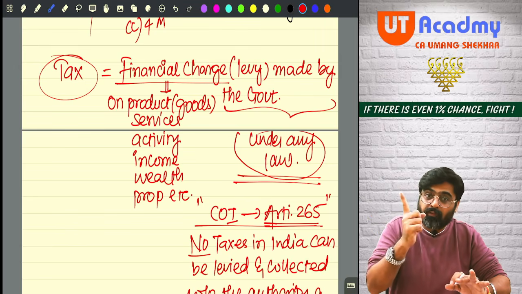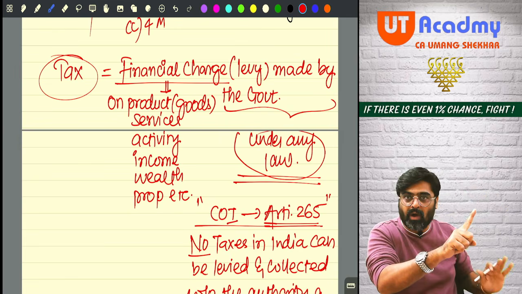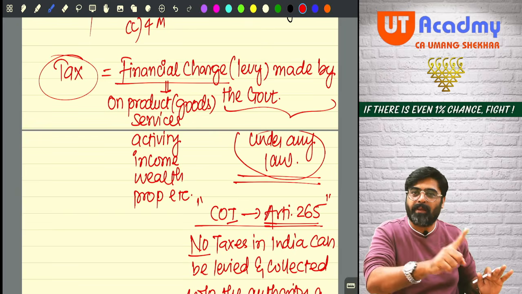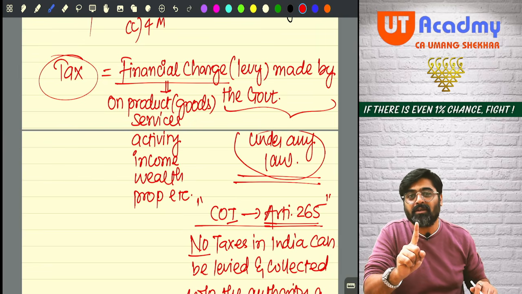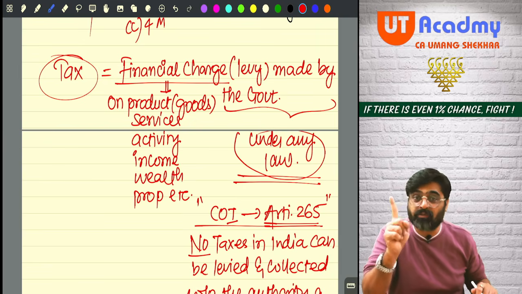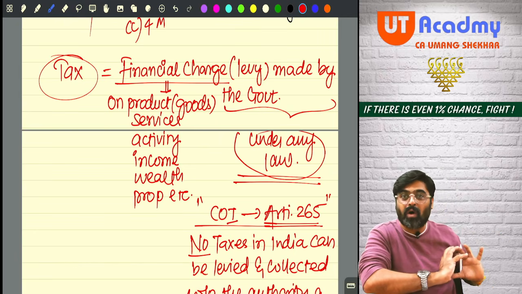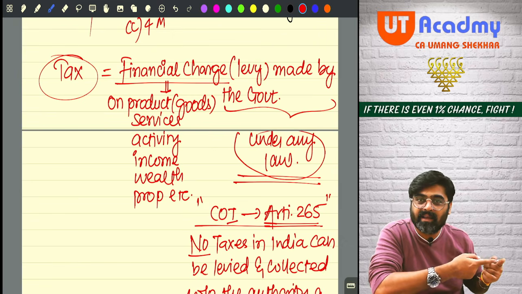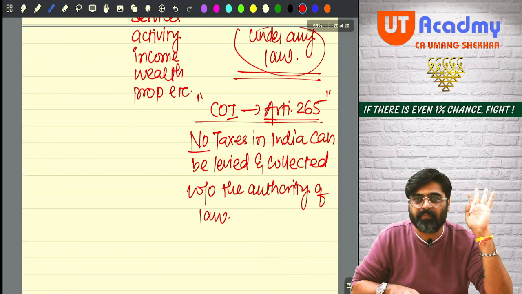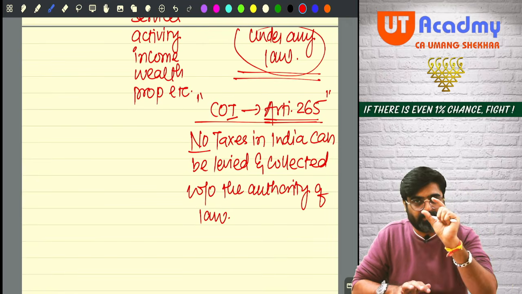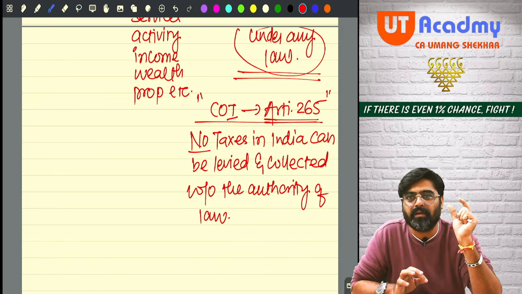And if there is some levy by the government which is not as per any law, you can absolutely deny paying that amount to the government, because if something is charged from you in the name of tax, it has to be under a law. And that is given in Article 265. I hope you have understood this basic meaning of the word tax.